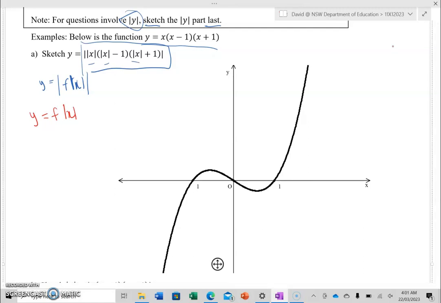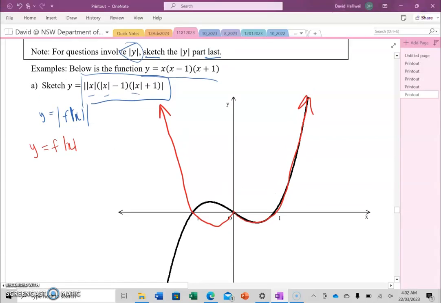Remember, if we absolute x, that means that everything to the right hand side of the y-axis stays the same, and then we reflect that in the y-axis. So that's the first graph there. Now we're going to take absolute value of that, and I'll represent it by green, and that'll be the final graph.